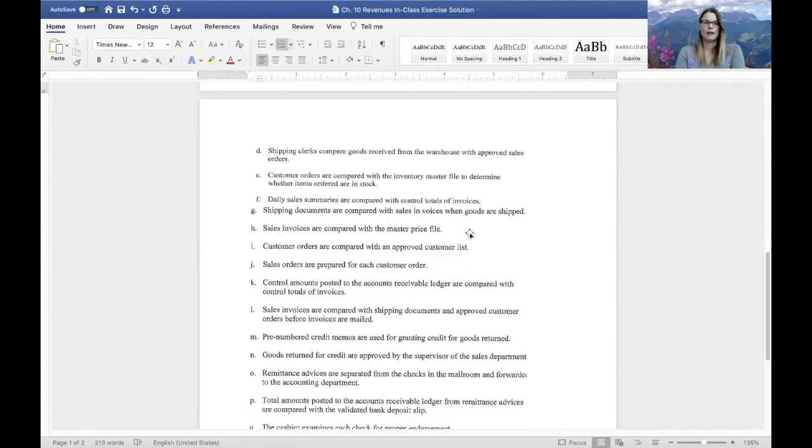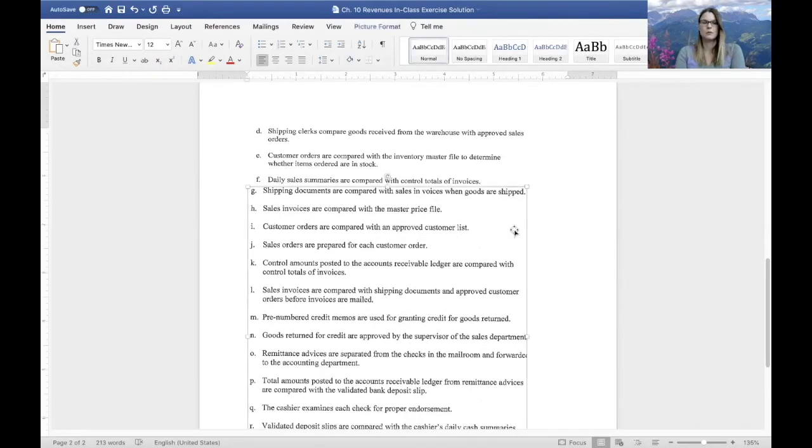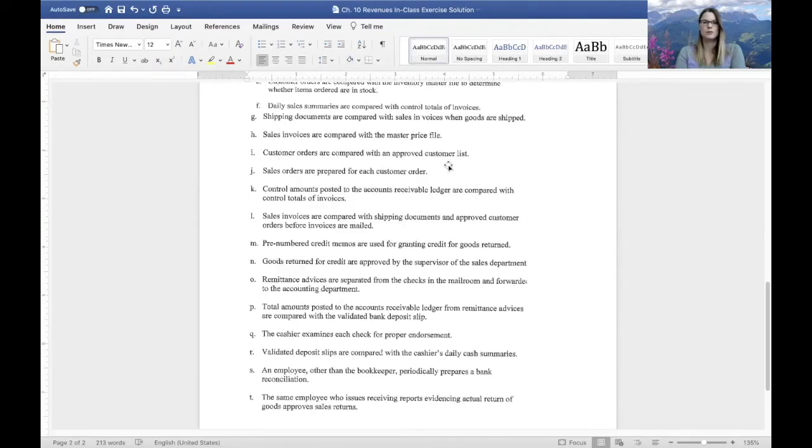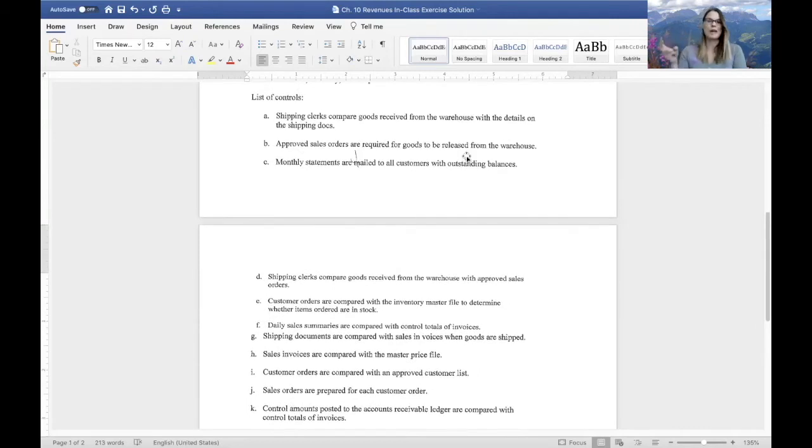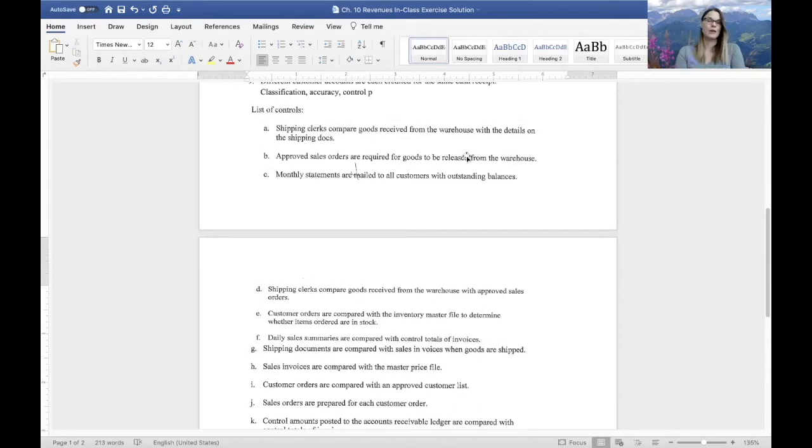Control I is customer orders are compared with an approved customer list. Okay, and it kind of is unsaid here, but clearly they're on the approved customer list because they have been pre-approved in terms of their credit. So they've been deemed okay to sell things to and extend credit to.